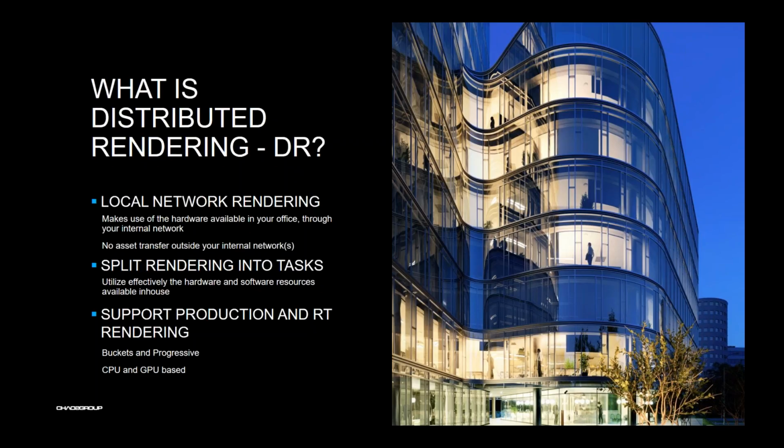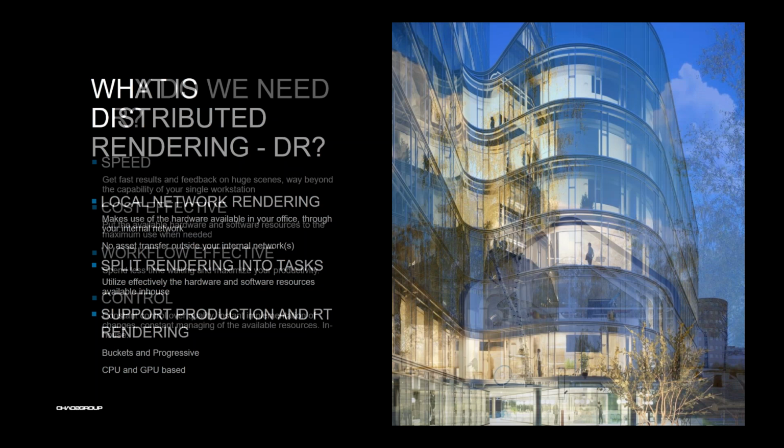The DR is based on splitting the whole rendering process into simple regions or buckets sent to different machines, and in this case you can effectively utilize all the hardware and software resources available. The DR supports production rendering with bucket or progressive, and RT rendering based on CPU or GPU.